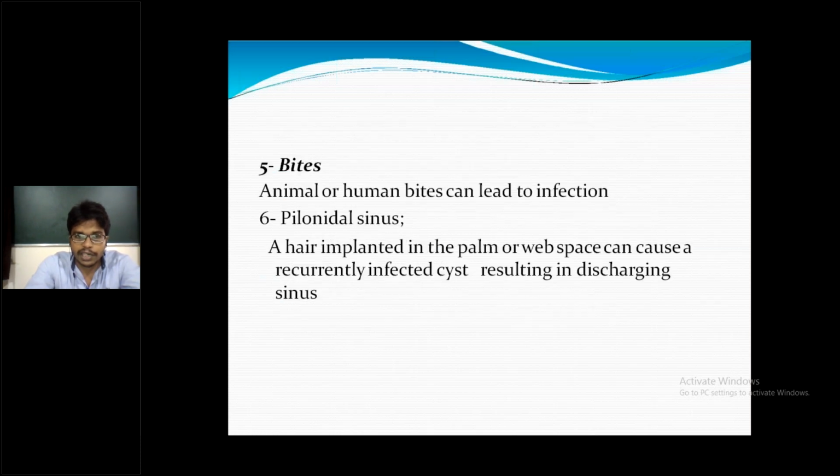And some others are bites. Animal bites and human bites can lead to infection. And pilonidal sinus. Pilonidal sinus is when hair implanted in the palm or web space can cause a recurrently infected cyst, resulting in a discharging sinus.